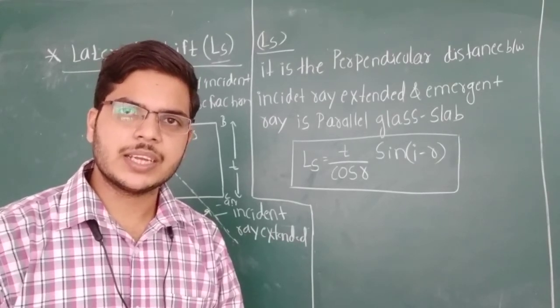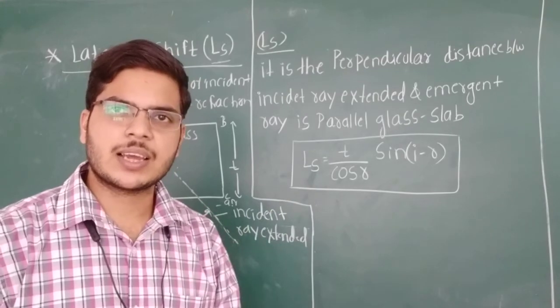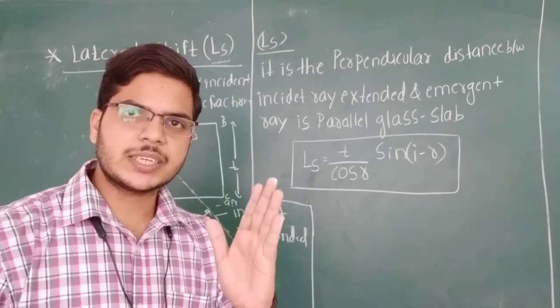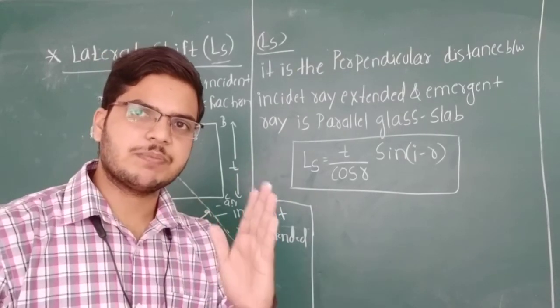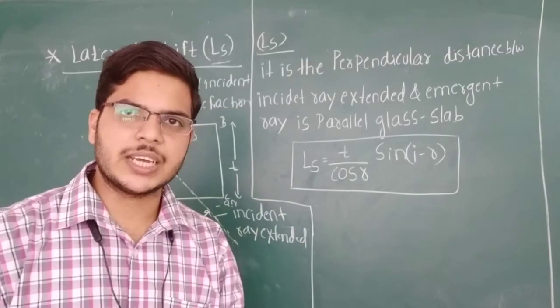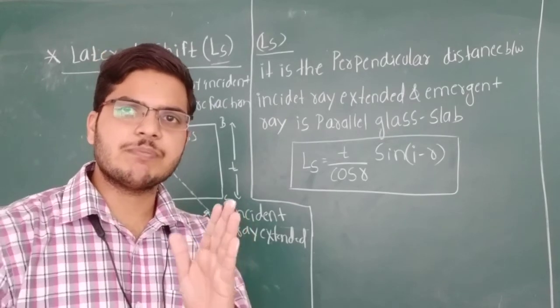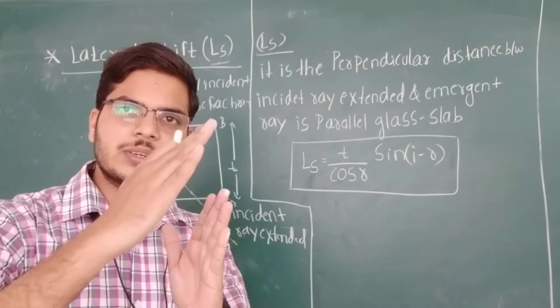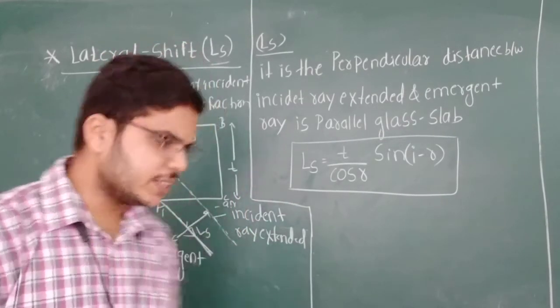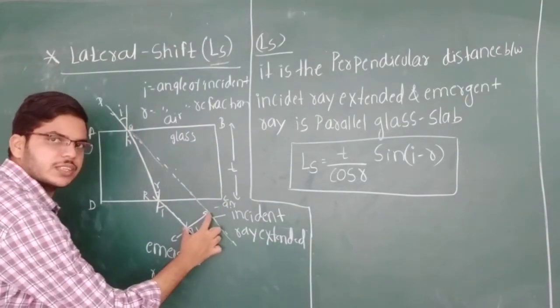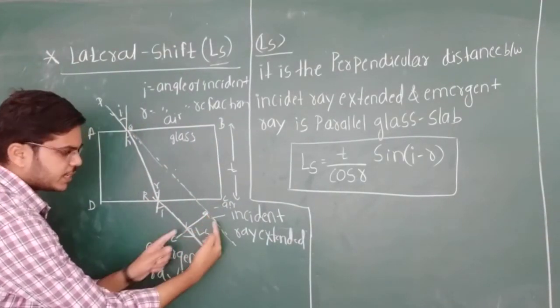When the ray of light is moving through the glass slab, the emergent ray is shifted along the horizontal direction, or shifted laterally, compared to the incident ray extended. This distance is called lateral shift.